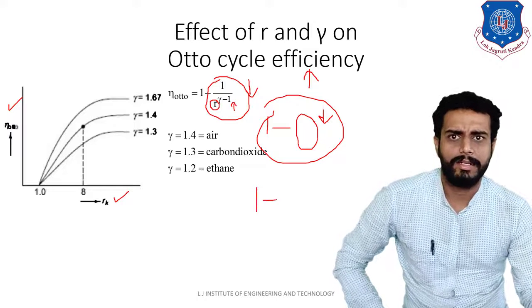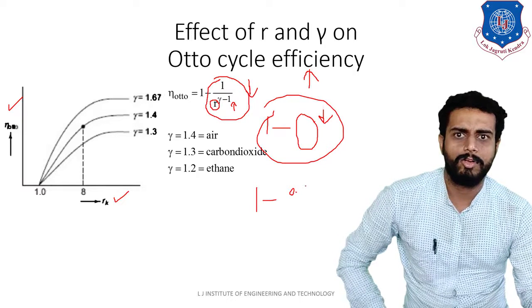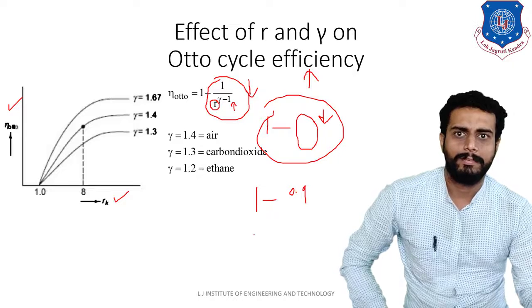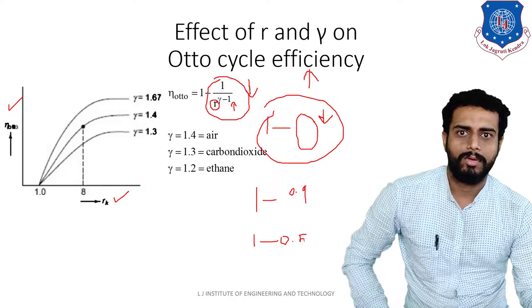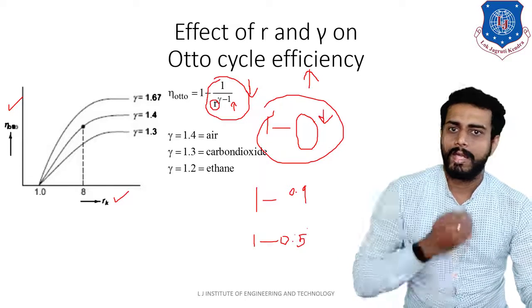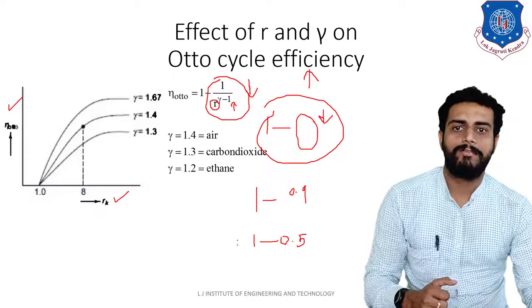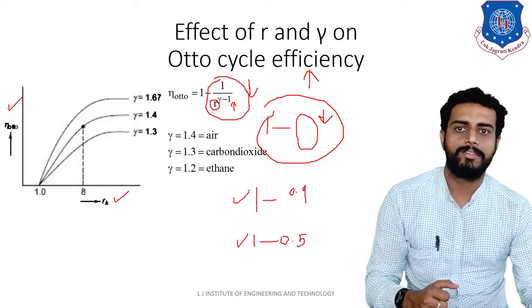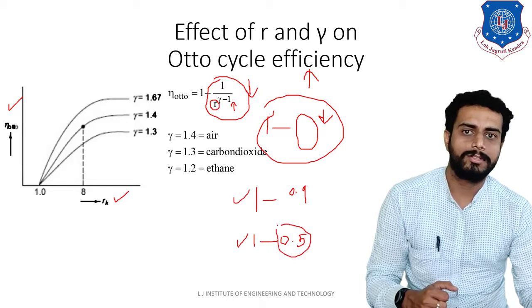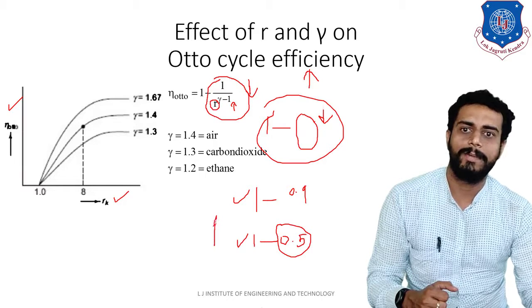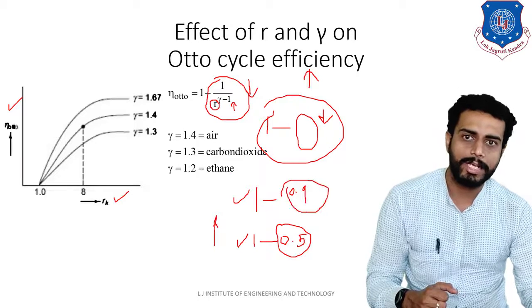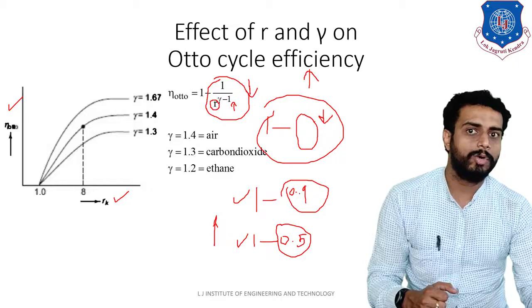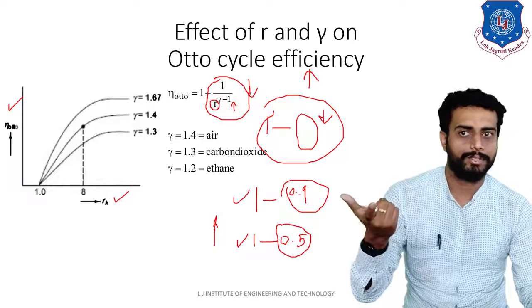See, take 1 minus 0.9 for example and take 1 minus 0.5. So that means what? 1 minus 0.5 will give you 0.5 and 1 minus 0.9 will give you 0.1. So that means the lower this value, the higher will be your efficiency. That I want to convey. And how can this value be lowered? This value can be lowered if you take a higher compression ratio.